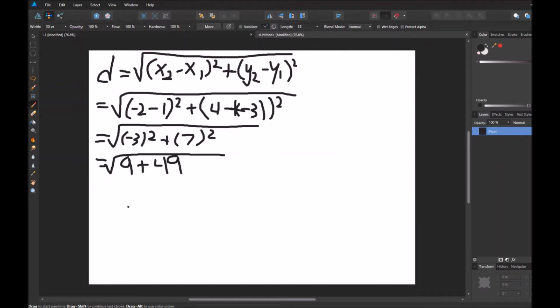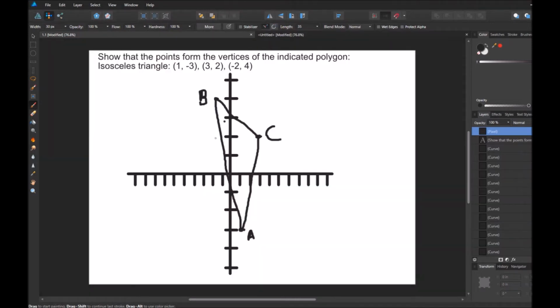And then that will give us the square root of 58. So this distance is the square root of 58.